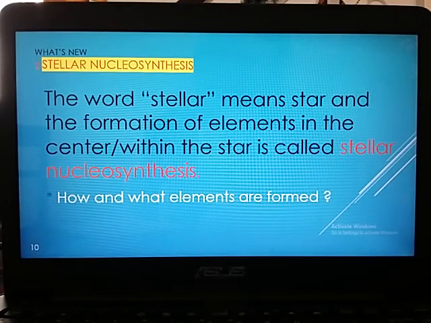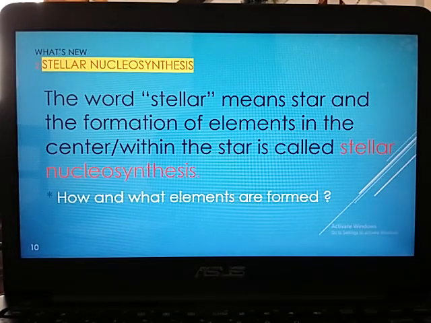Next, we come now to the number 2, which is the stellar nucleosynthesis. Kung yung kanina is Big Bang nucleosynthesis, just after Big Bang, now, punta naman tayo sa stellar nucleosynthesis. Stellar means star. Nucleosynthesis means formation of elements.